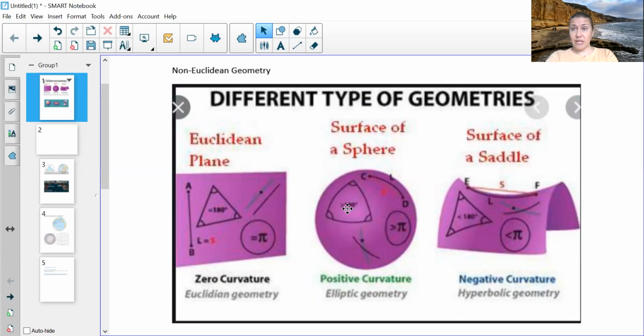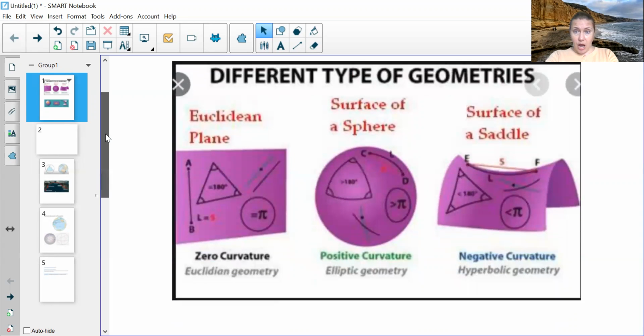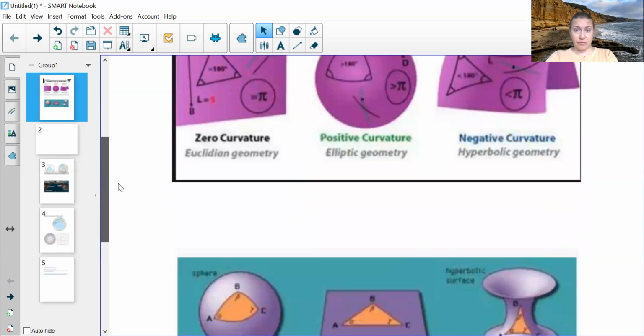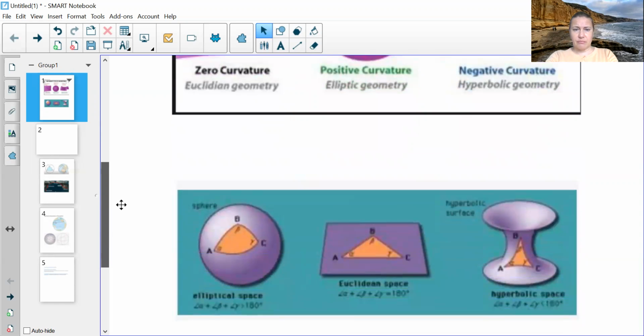Over on the sphere, our triangle can have a maximum of 3 right angles, so it can have 270 degrees, but any triangle we draw on the sphere is always going to have greater than 180 degrees.